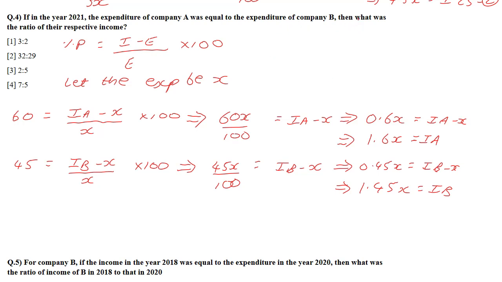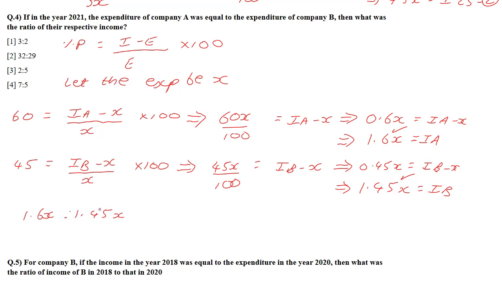what is the ratio of the respective incomes? Income of A is 1.6x, income of B is 1.45x. So if we write 1.6x is to 1.45x and simplify, I think we're going to get it.